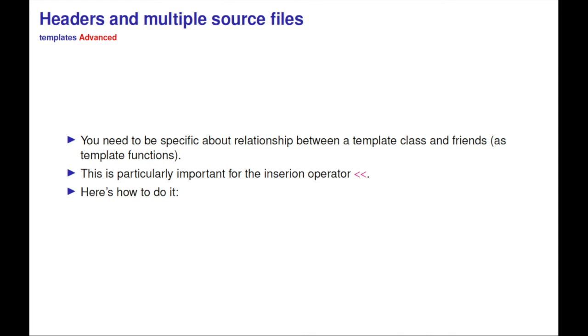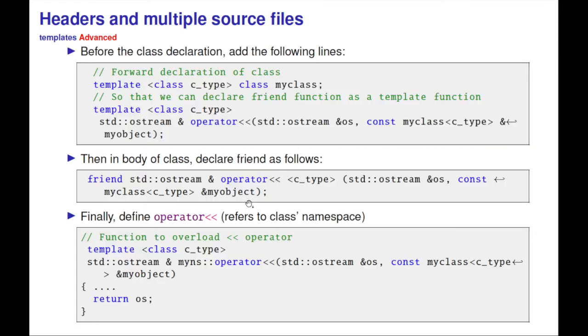You need to be specific about the relationship between a template class and friends, and this is particularly important also with the insertion operator. Here's how to do it. Before the class definition, you add a template class declaration for the class, and you can already see that I have a rather complicated operator structure over there.